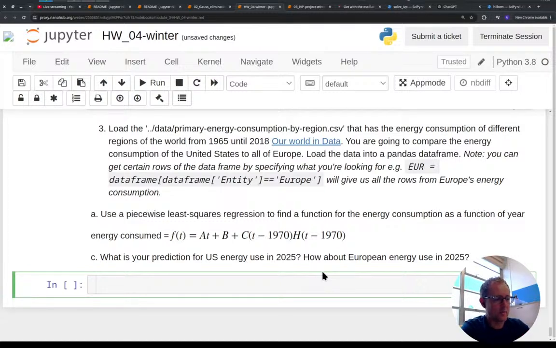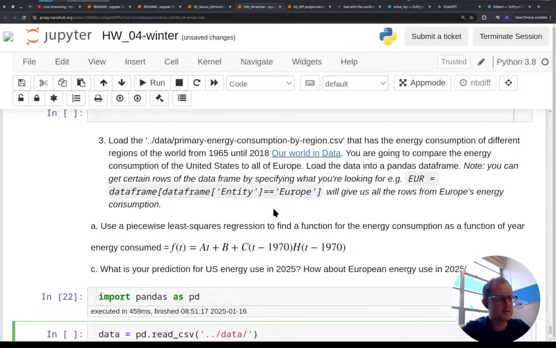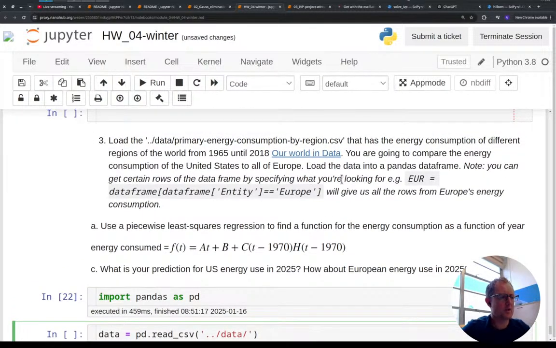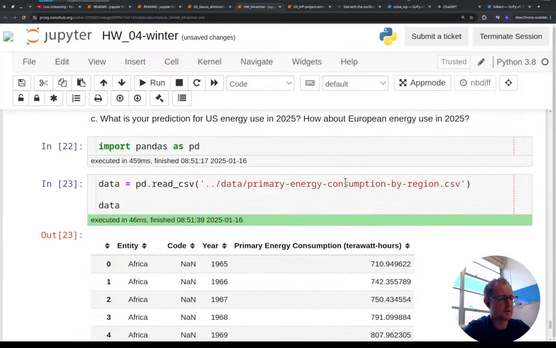All right, so we want to load in this data. First I should import pandas as pd, and then data equals pd dot read_csv of the primary energy consumption data. Double check that it worked.